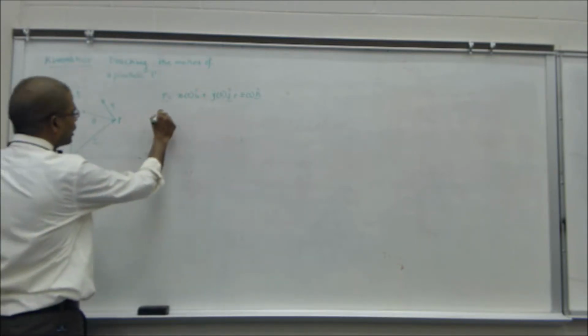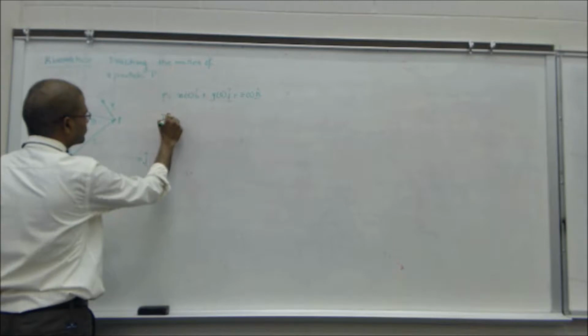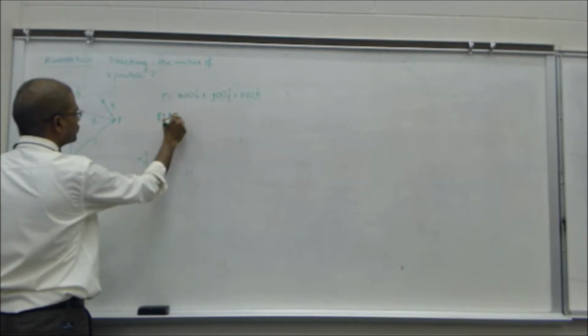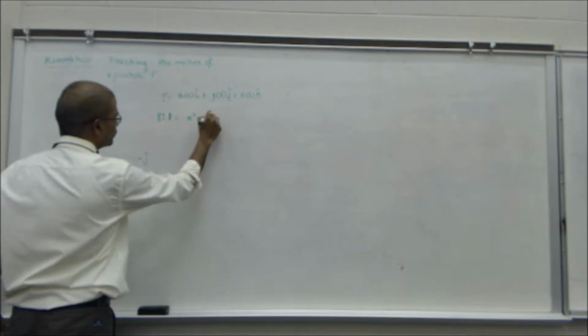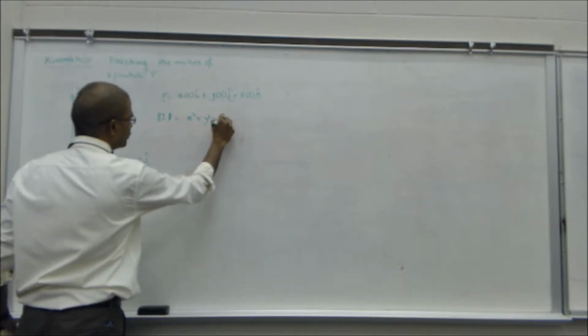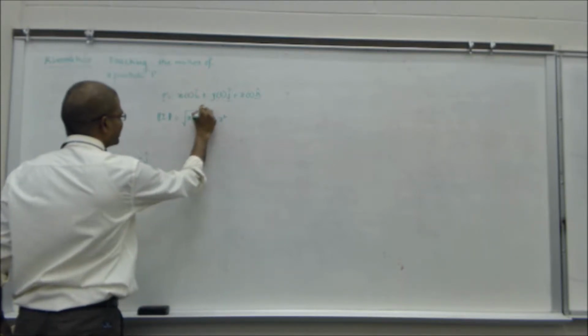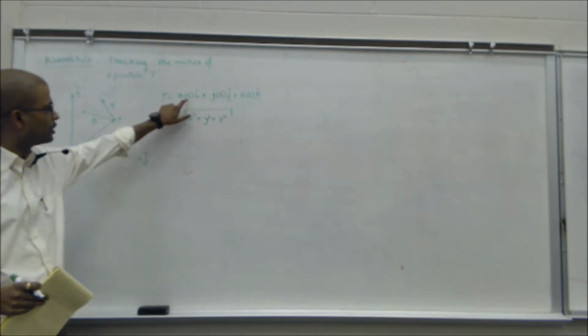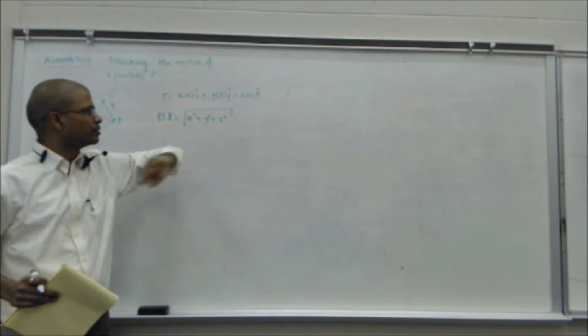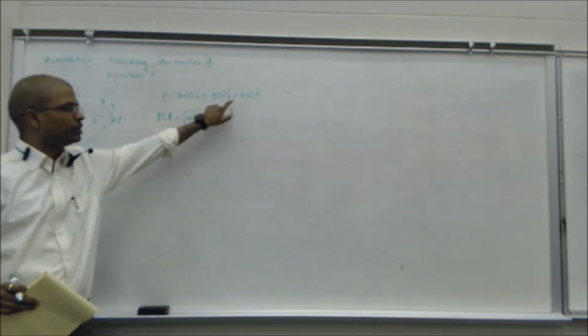What is the magnitude of r equal to here? It is again x square plus y square plus z square, right? Notice how only this one has t. These don't have t.